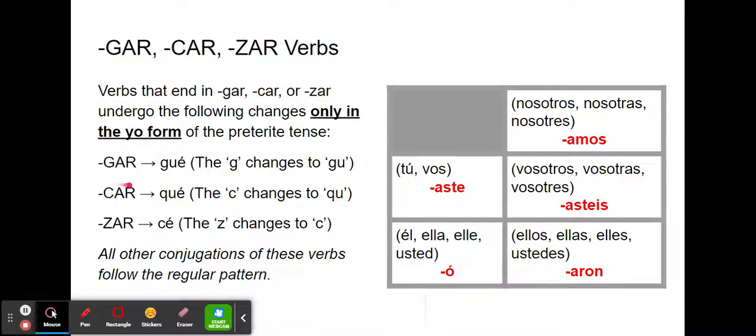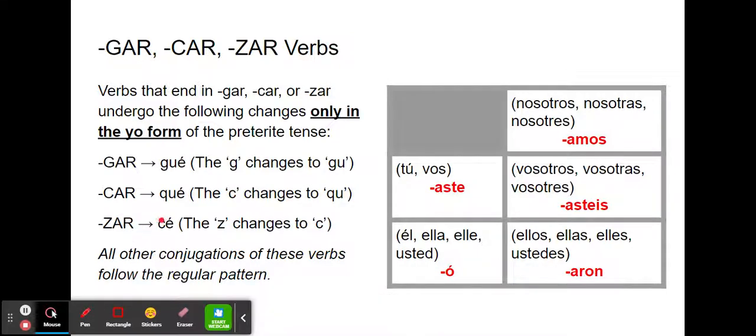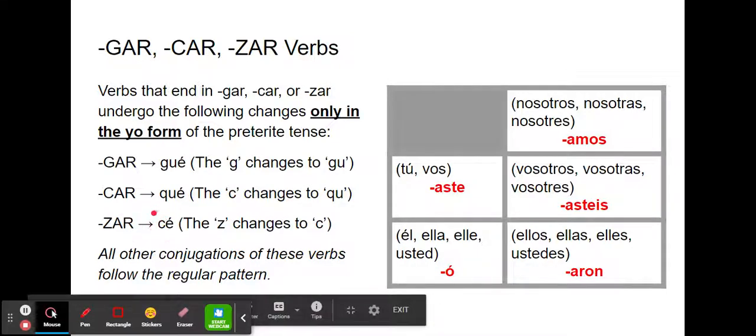If the verb ends in GAR, then that GAR turns into GUE with an accent mark. So essentially the G is changing to GU. If the verb ends in CAR, then the new ending will be QUE with an accent mark, which is in the yo form only. So that's K. And if the verb ends in ZAR, then the yo form would change into CE with an accent mark.